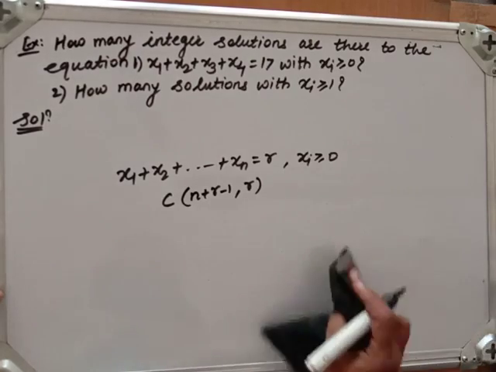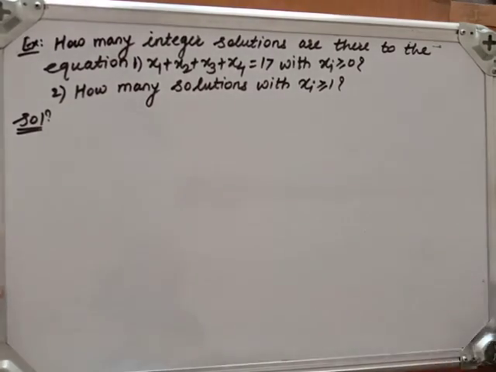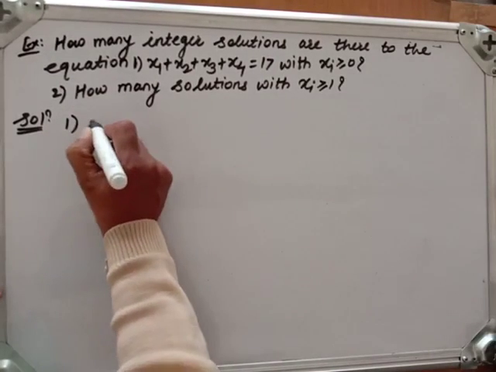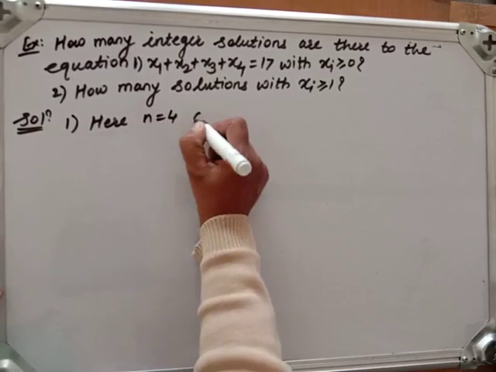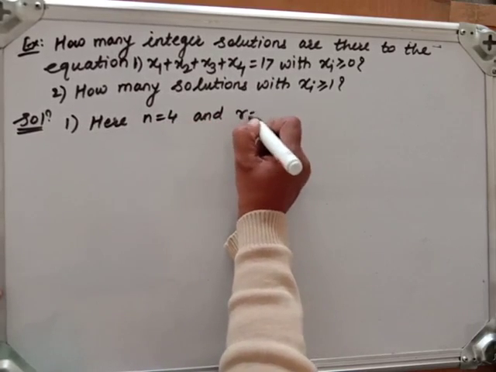So if we compare with this, the solution of the first one: n is equal to 4 and r is equal to 17.